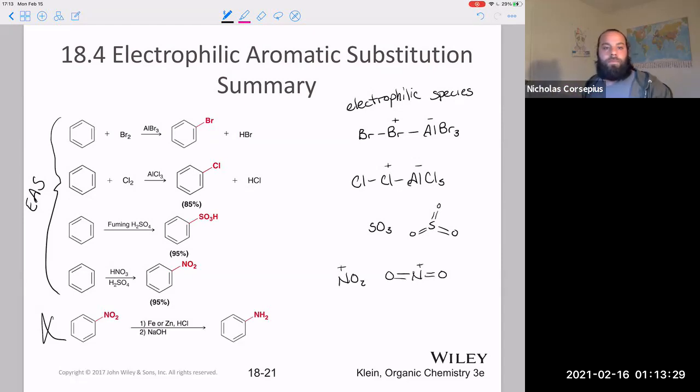Okay. Yeah, so again, in terms of these reactions, you sort of just need to know not only what the reagents are, but also sort of that active electrophilic species. Yeah, cool.